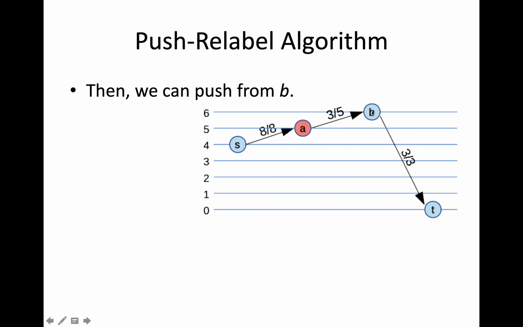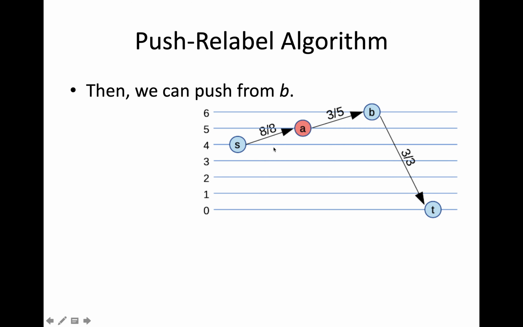So at this point, it's not eligible for any pushing or relabeling. But A is still overflowing. It's got 8 flowing in and only 3 flowing out. The residual edge going from A back to S has 8 units of capacity remaining.